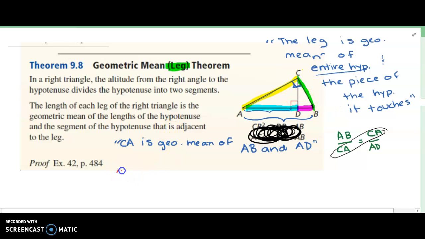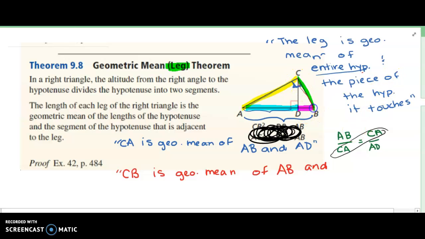I could say CB is the geometric mean of, and I want you to pick out the two parts that it's the geometric mean of. Okay, so CB, the leg, is the geometric mean of the entire hypotenuse, which is AB, and the piece of the hypotenuse it touches.